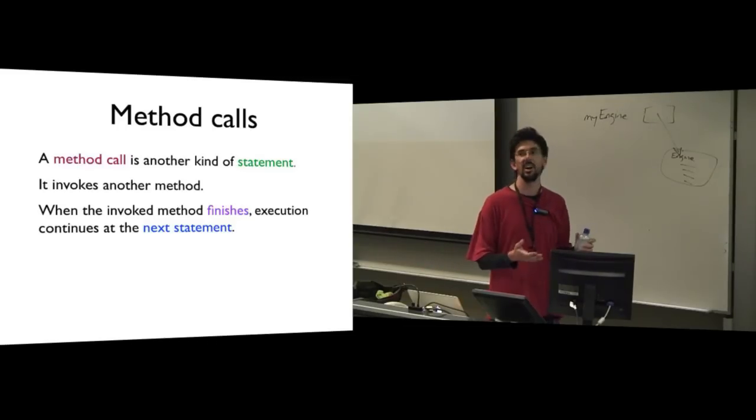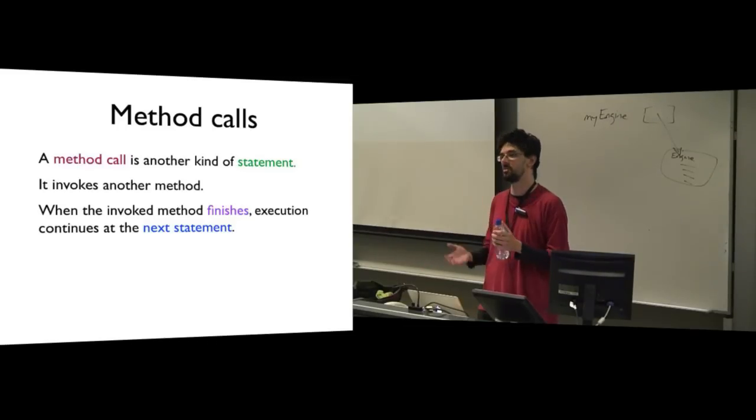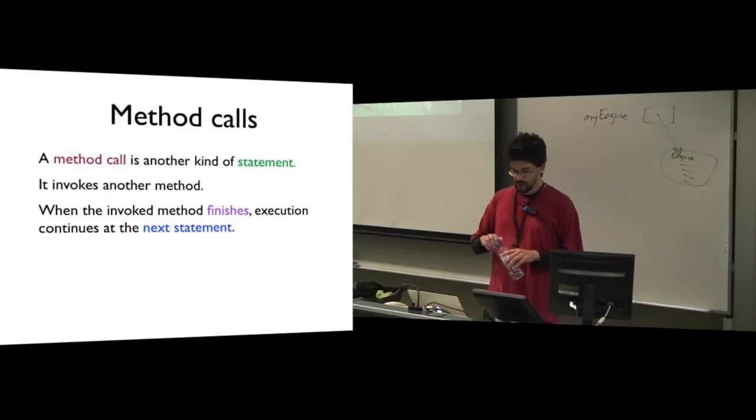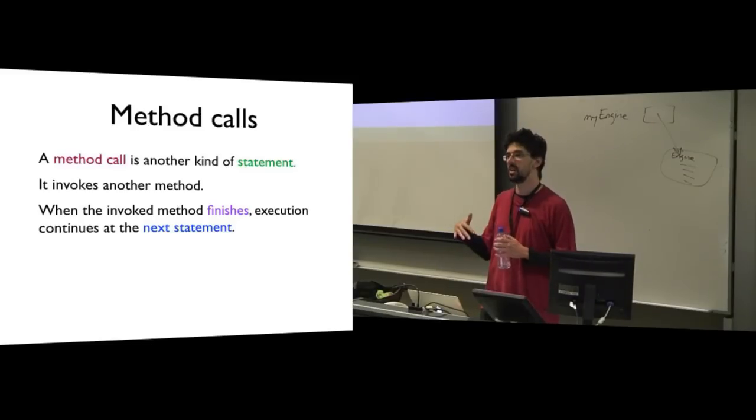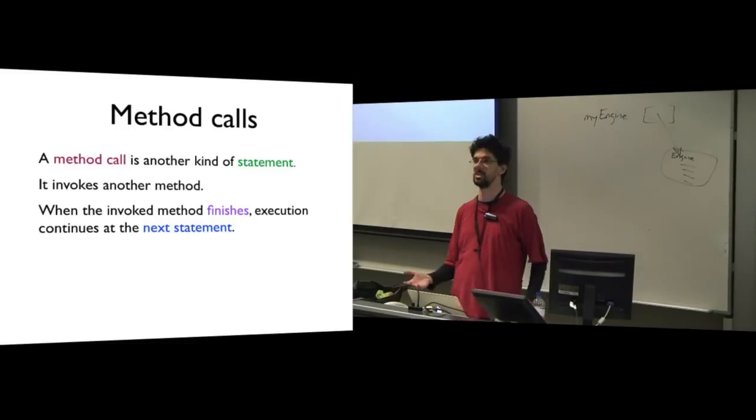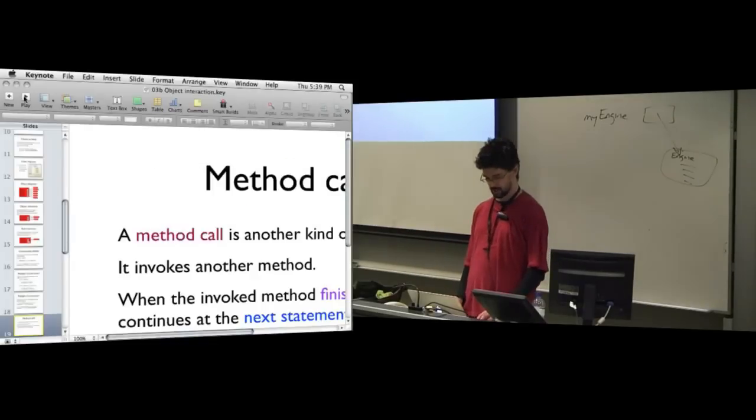So when we want to start the car, we need to tell the engine to start, we need to tell whatever other parts of the car need to start when we start the car. So what we're doing now is actually calling methods. So the engine will have a start method. When we start the car, we want to start the engine first. The first thing we need to do is start the engine. And so we need to call the start method on the engine. So let's just do that.